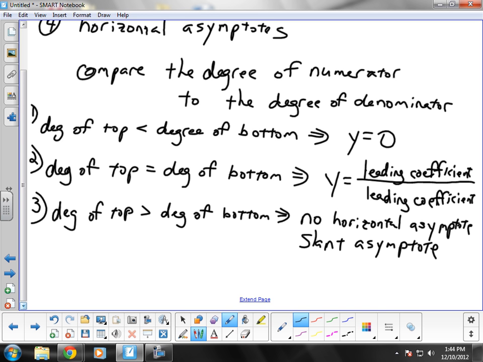Okay, so instead of it being a horizontal line, it's going to be a slanted line. Questions? Y'all got it written down? It is at the bottom of page 381 if you need it.